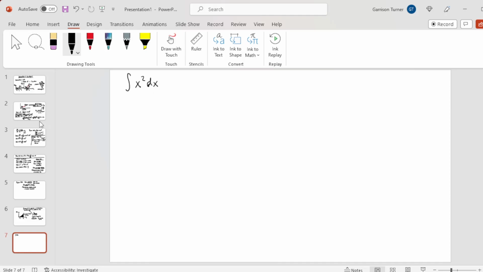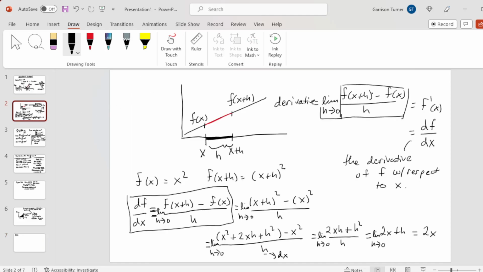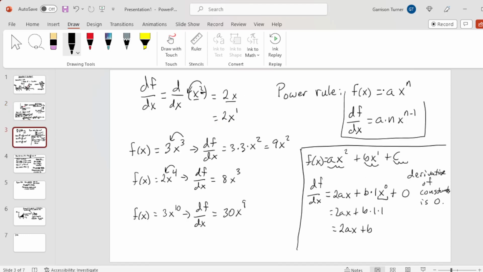Well, if I come back to the power rule, if I have a function that's of this form, then the antiderivative will be in this form. So what that means is I want to add 1 to my exponent to go from here to here, and then I'm going to divide by that new exponent.